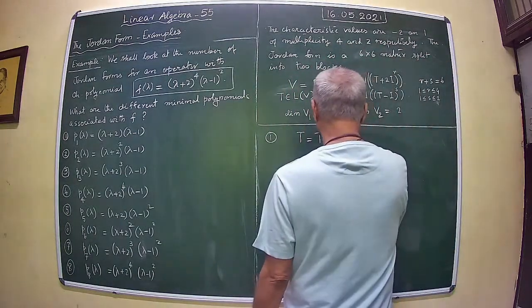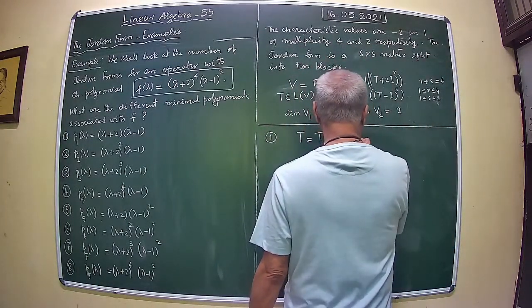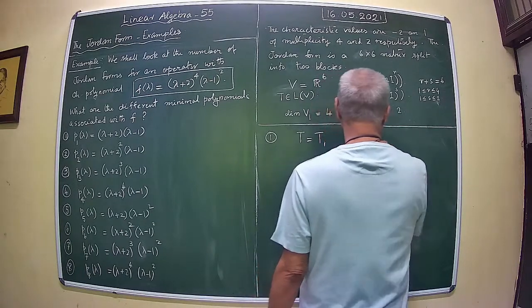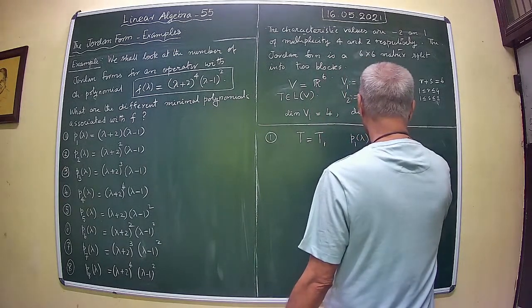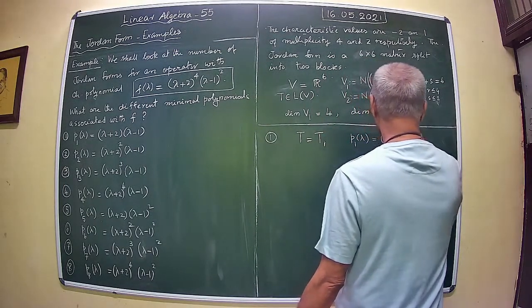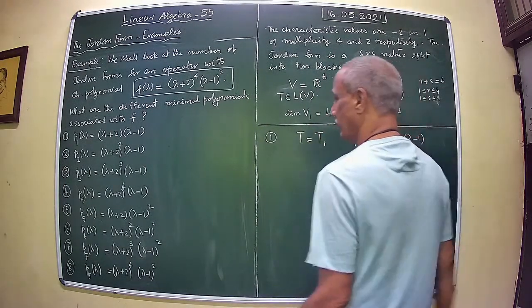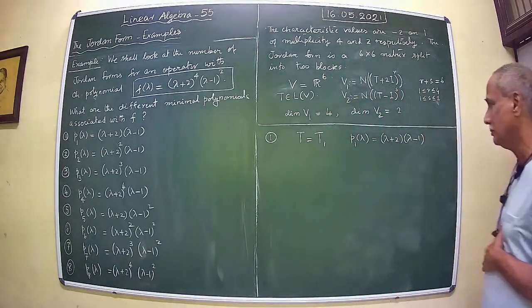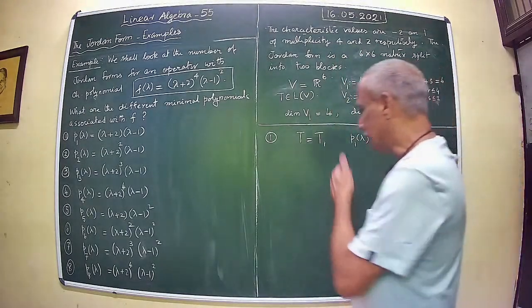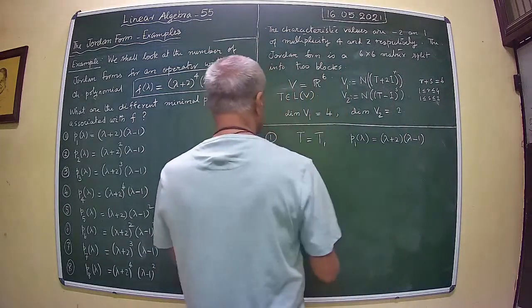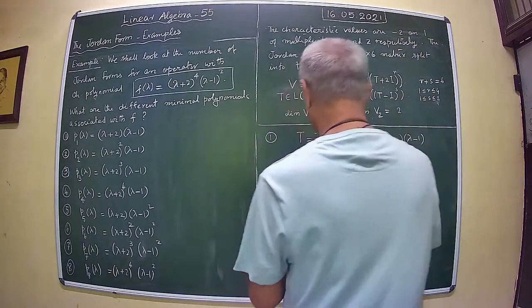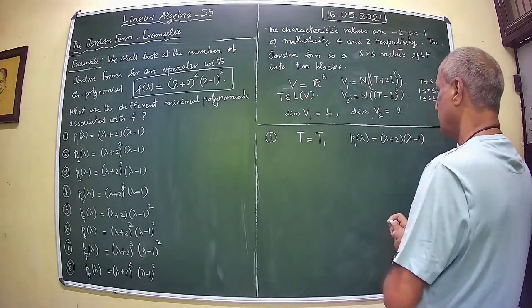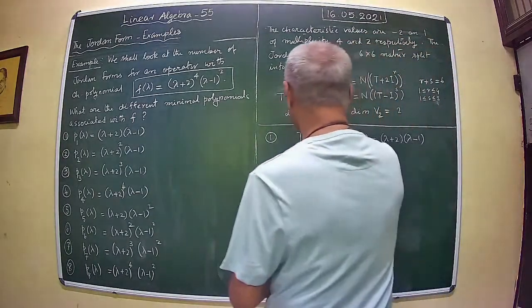Then P1 lambda equal to, now you see that the dimension of E1 equal to 4, dimension of E2 equal to 2 anyway. Okay, right. But what happens in this case?